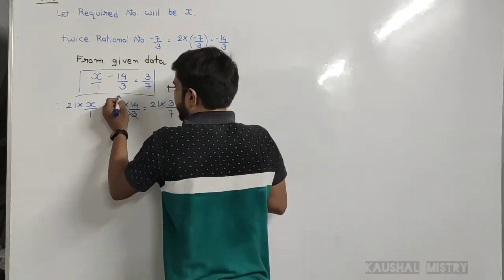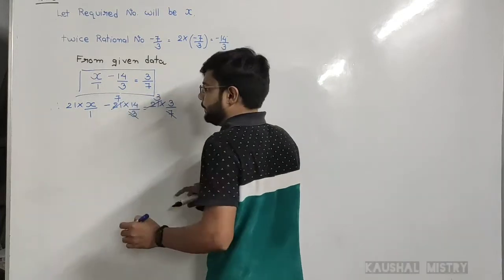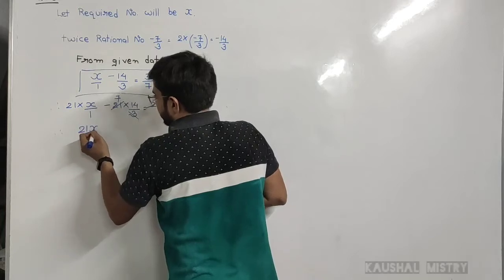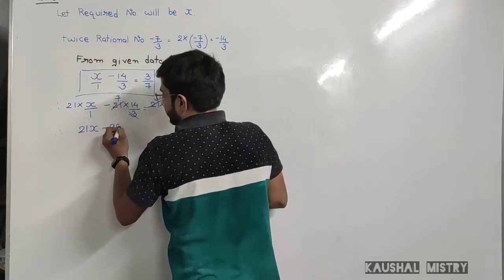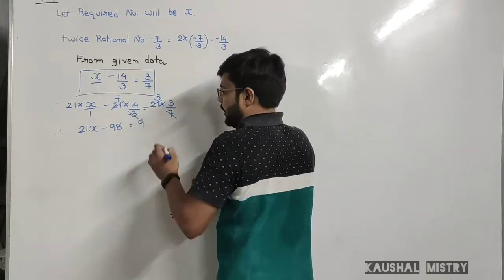So 3 7s are 21, 7 3s are 21, so therefore 21x minus 14 7s are 98 equals 9.